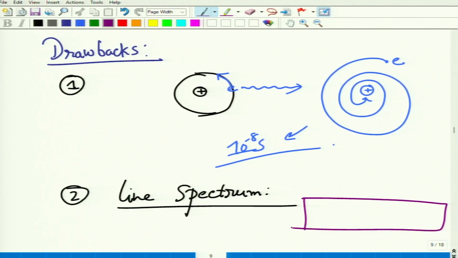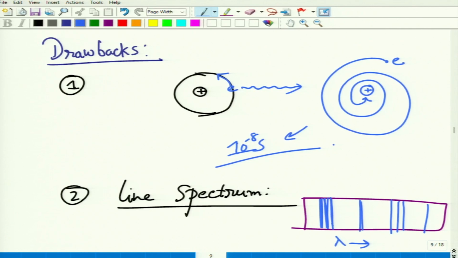This is not a continuous spectrum, this is a line spectrum. But why is there a particular wavelength? If this is lambda, that means for some specific lambda there is a line, there is some absorption or emission. We will discuss that in detail.